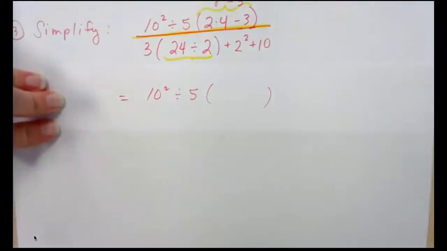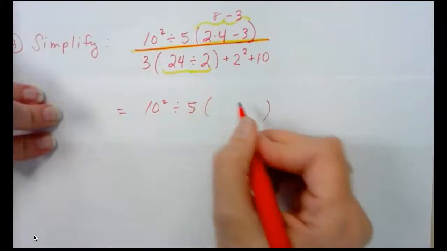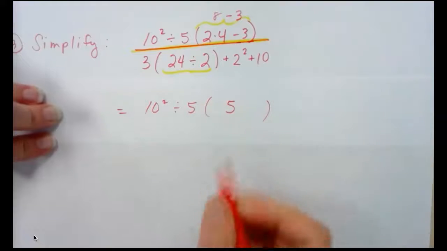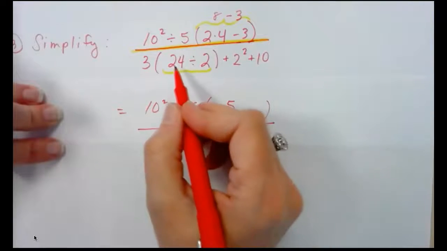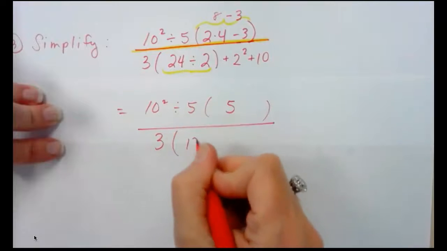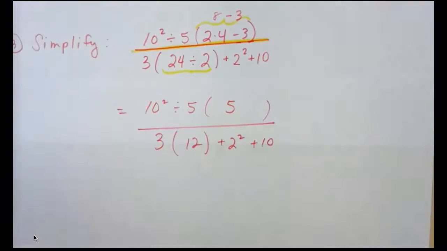And 8 minus 3, 2 times 4 is 8, 8 minus 3 is 5. Over 3 times 24 divided by 2 is 12, plus 2 squared plus 10.